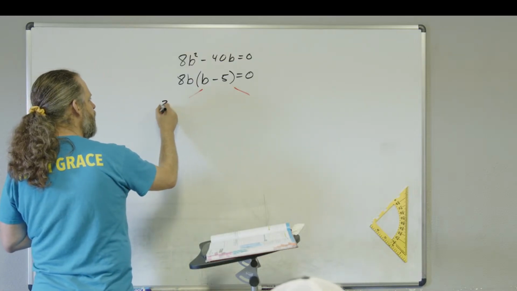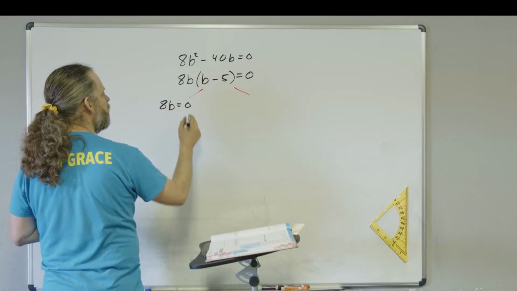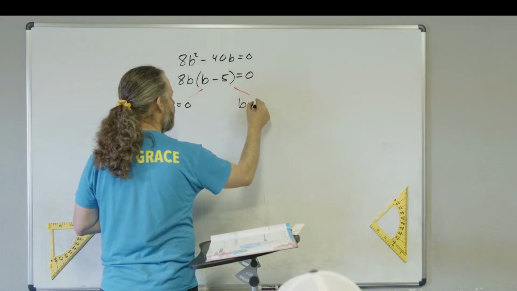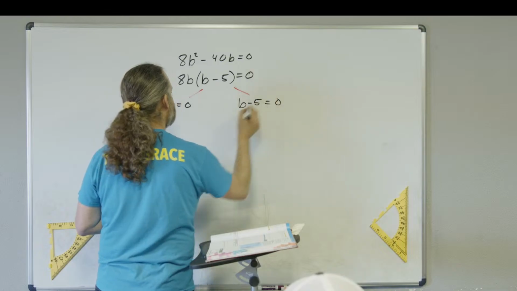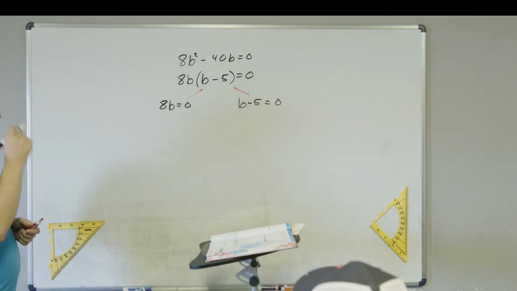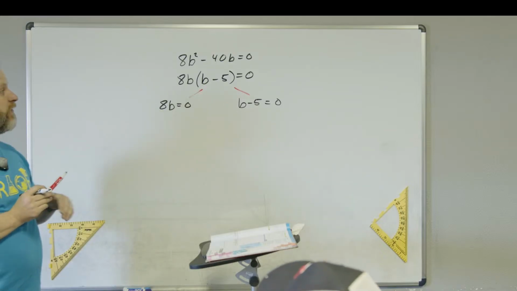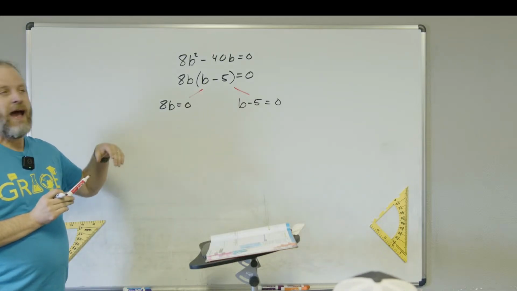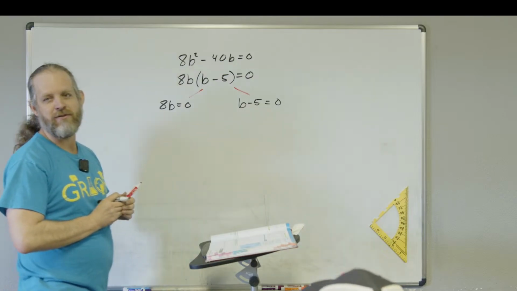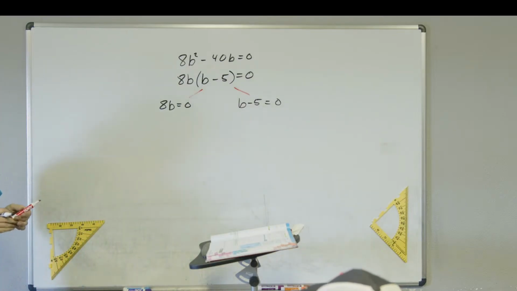So 8b equals 0 and b minus 5 equals 0. And the reason this works, in case you care, is because one of them, or both of them, has to be 0, right? Because 0 times the thing would make the 0. So that's why it works.